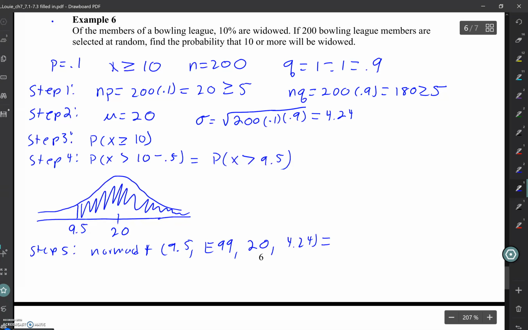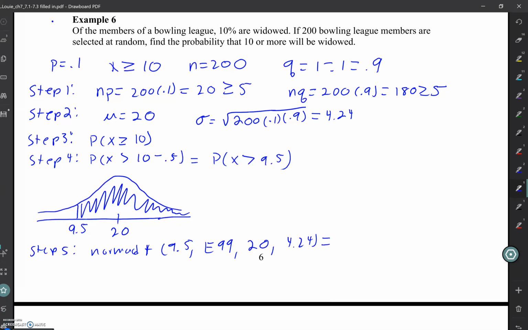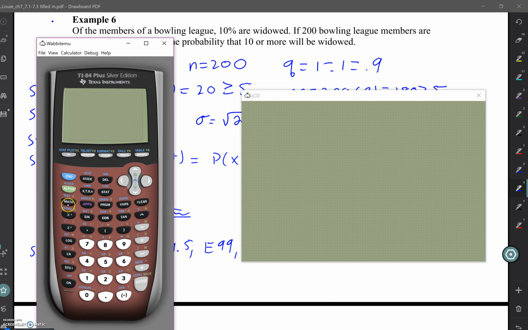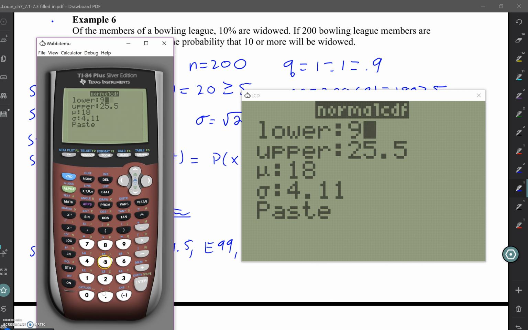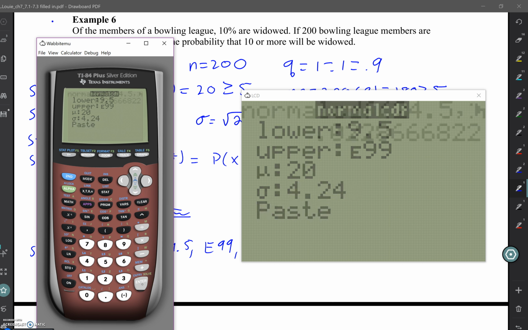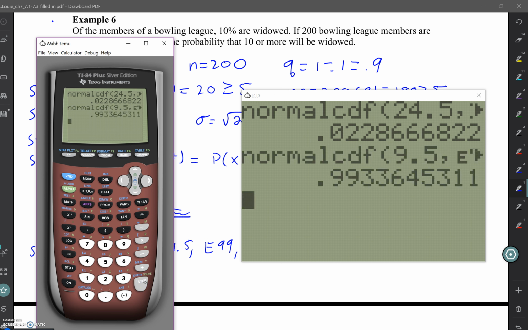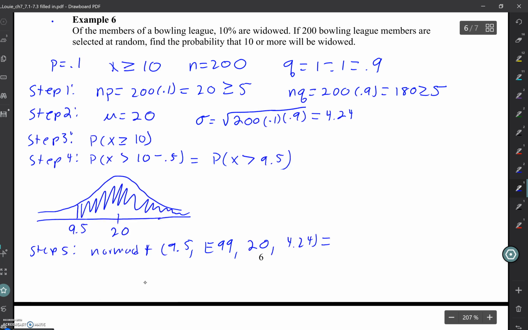And let's see what that's going to give us. 0.9934. Did everyone get the same thing? Yes?